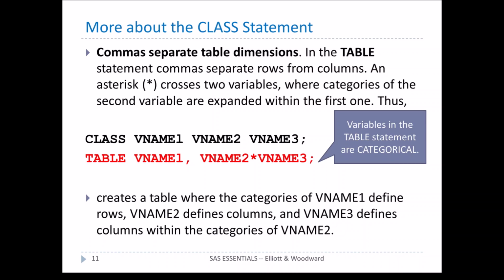Thus, as we can see here in the table statement, we have vname1, comma, and then within this next section, we're going to have vname2 by vname3, which again expands the category vname3 within vname2. So this creates a table where the categories of vname1 define the rows, and vname2 defines columns, and vname3 defines columns within the category of vname2. We'll see these in examples.